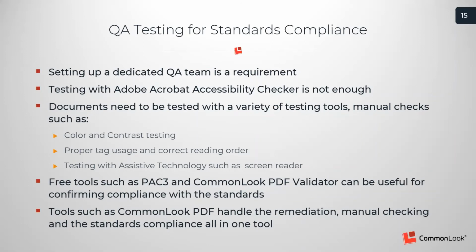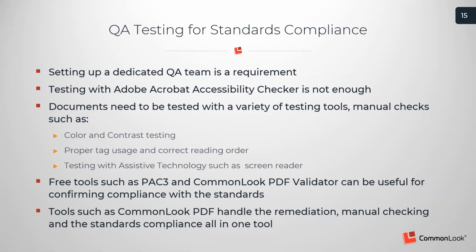I know that for the state of California, the standards that they need to adhere to are WCAG 2.0 and 2.1. So when it comes to the testers, with Adobe Acrobat, the checker does not actually adhere to any standards or check to any standards. PAC3 will check to PDF/UA, and then Common Look PDF checks to all of the standards, including WCAG 2.0 and 2.1.